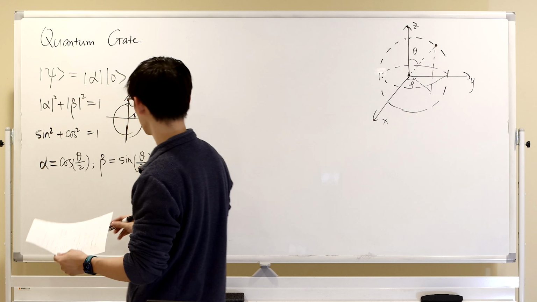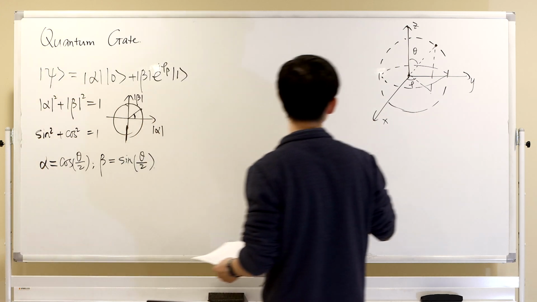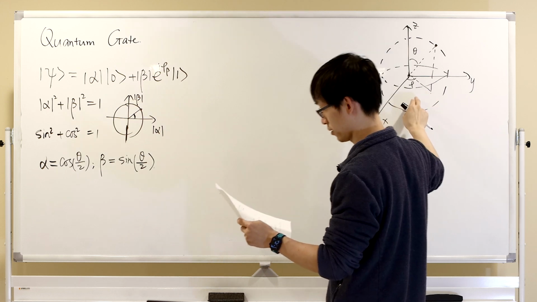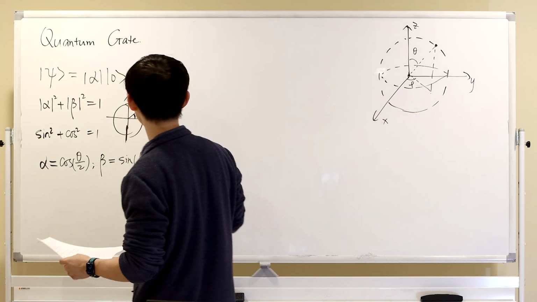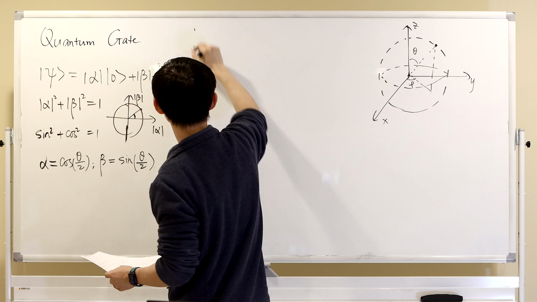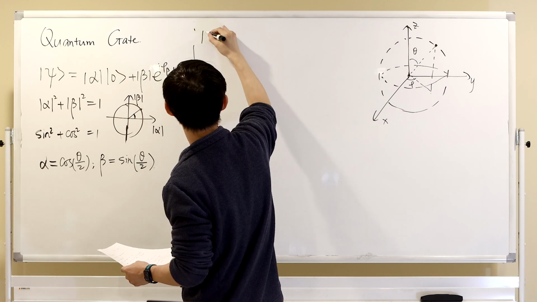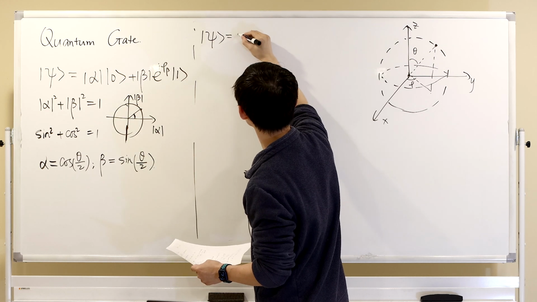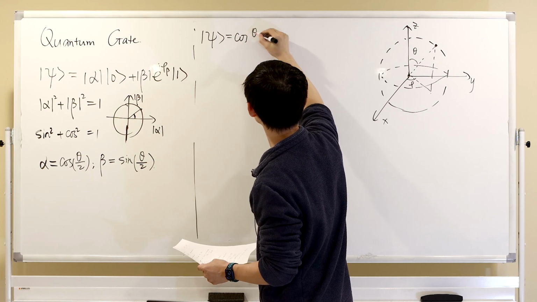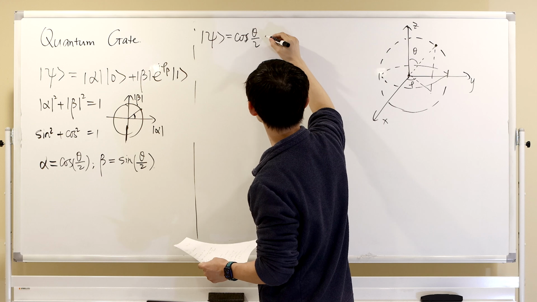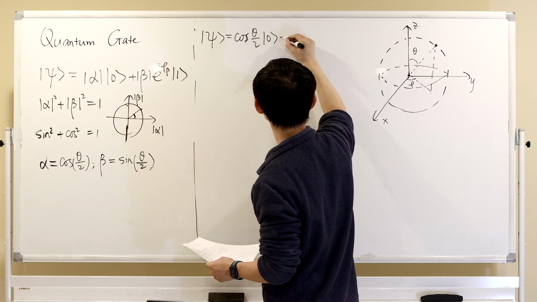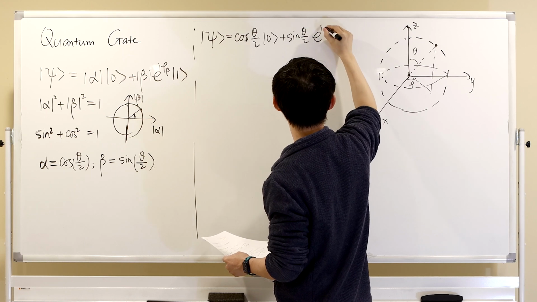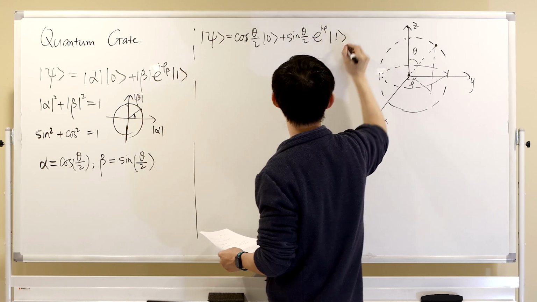And for the phase, we just let it be phi. So what this gets us is that your state psi equals cosine of theta divided by 2 times the ground state plus sine of theta divided by 2 times e to the i phi times state 1.